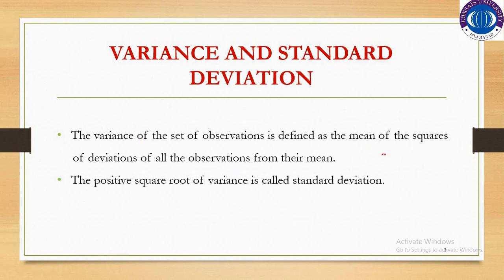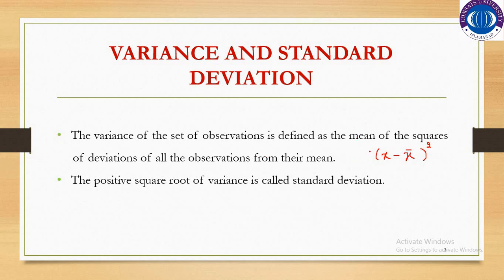It means that let's suppose x is a variable and the mean is x bar. So the deviation is x minus x bar, and they are saying the square of deviation, so you have to take the square, and it is the mean of the square of deviations.